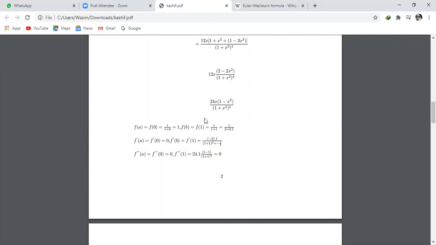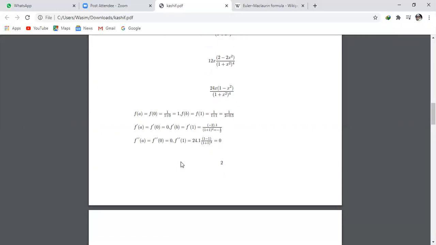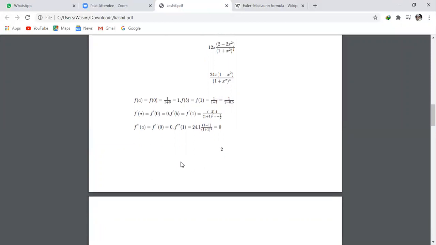So we put in and find out the values of f prime of 1 and the third derivative of 1, which we have already found in the derivatives, and then we find the result.